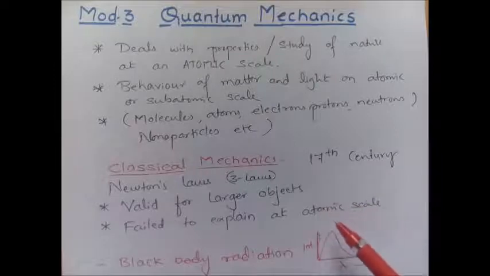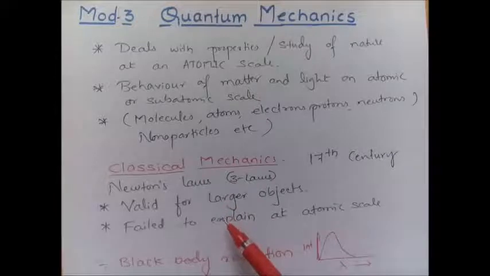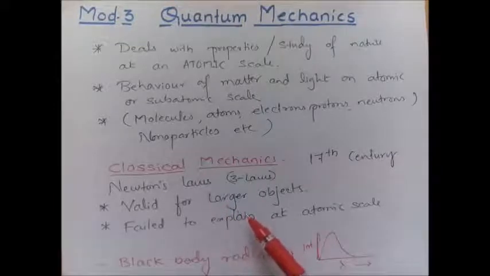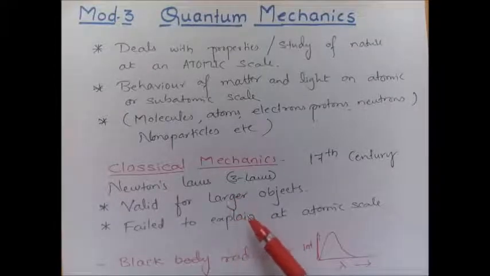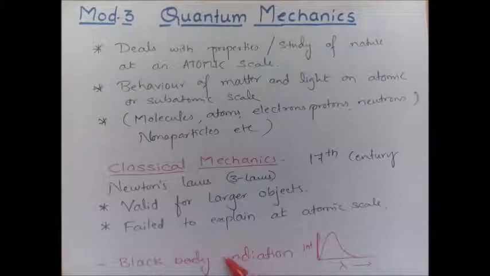We know all three laws very well. This works for larger objects which are not atomic, such as a ball, a car, or celestial bodies like planets and stars. It works very well for all larger objects, but it fails to explain things at the atomic scale.